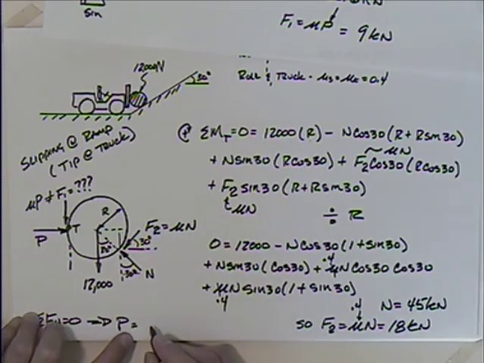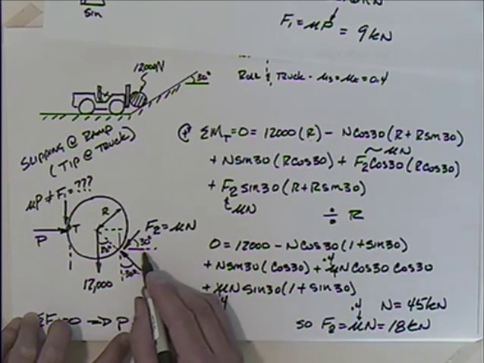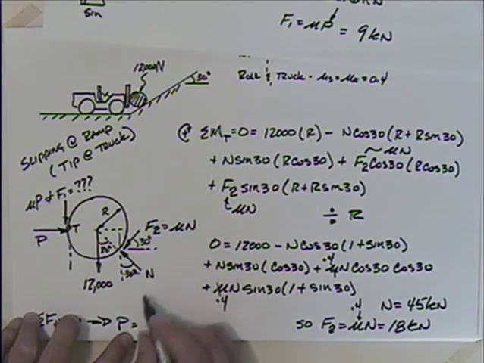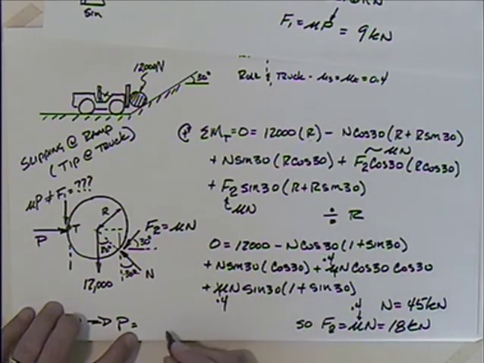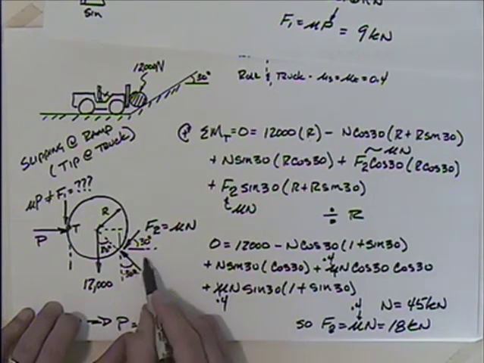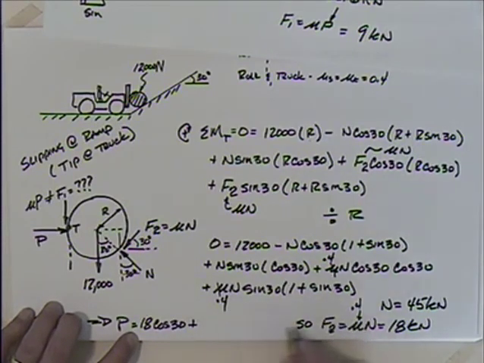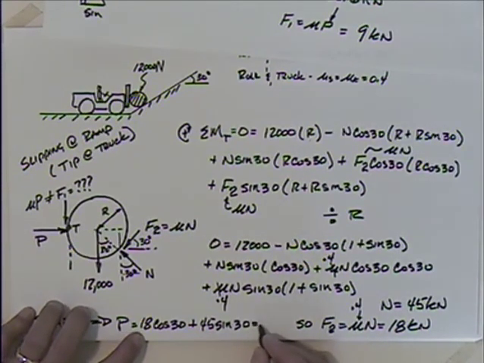This would essentially be this friction force F2. So you had 18 times the cosine of 30 plus, what's the horizontal piece on that? 45 times the sine of 30. And that turns out to be about 38.